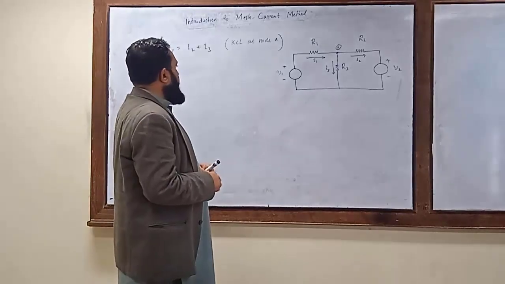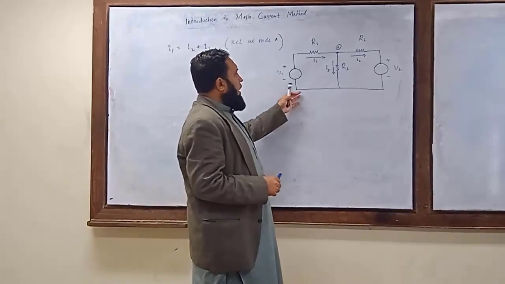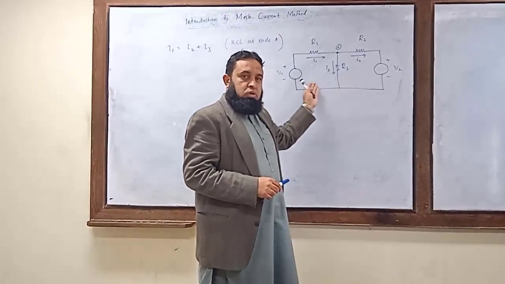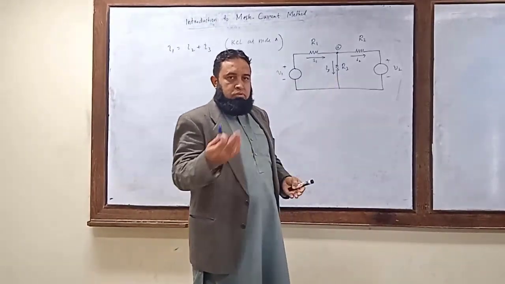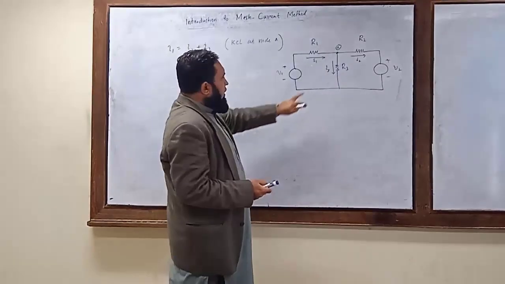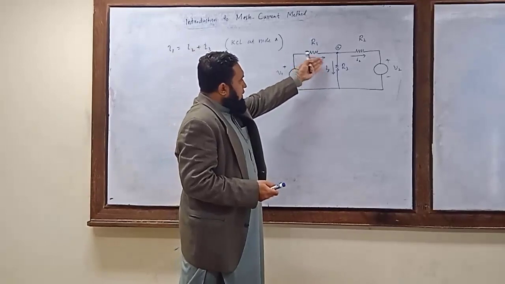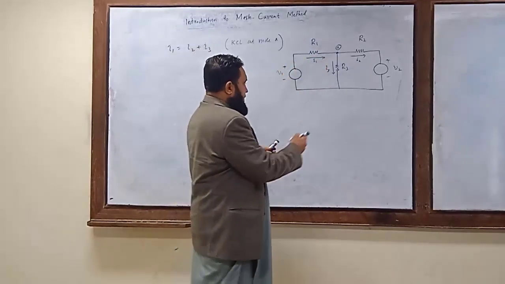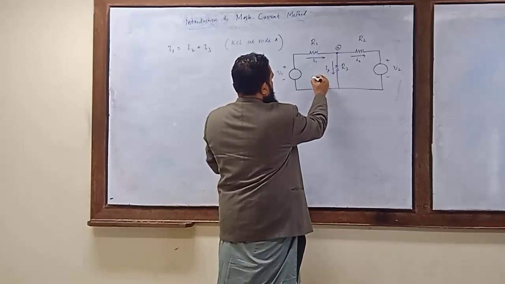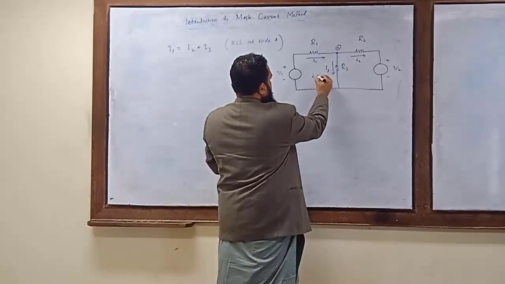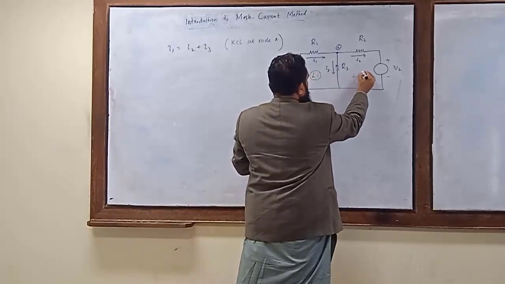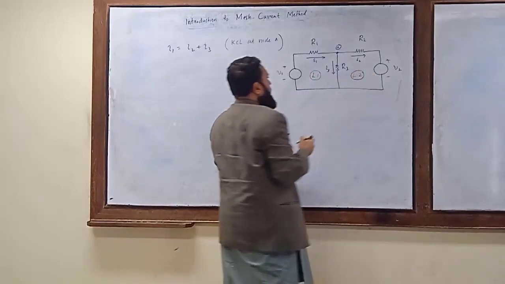Okay, next is we have to use KVL to these two loops. So we have two loops, so we have to use two KVL equations. So applying KVL in this loop, let's say this is loop number 1, L1, and let's say this is loop number 2, L2.